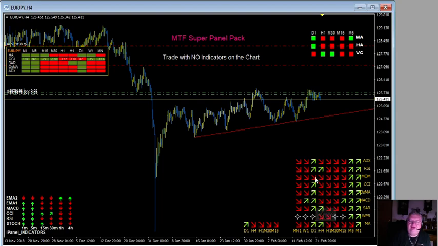Now, while this daily is in an uptrend, we're still in a downtrend on the weekly. So it does give us the possibility of knowing ahead of time that when this comes down to hit this trend line, it may go on and break it because we are in a major downtrend.